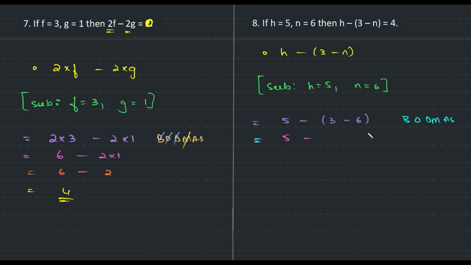Yes, we do have brackets. This is minus 3. There's no division, there is multiplication. Yes, I think this is the mistake. That is not taking minus of minus 3 as plus 3. I think that's the mistake. No, that's not it. And finally, we have 8 as the answer.